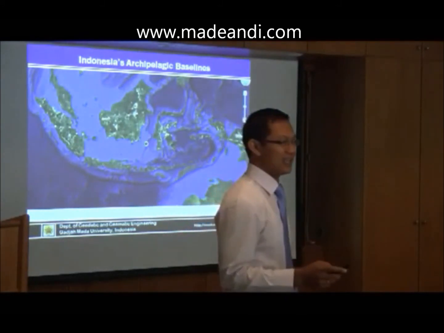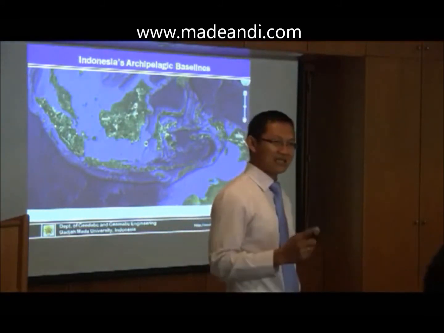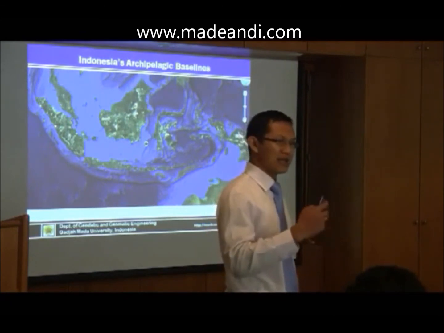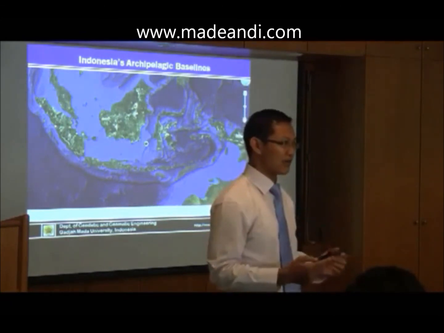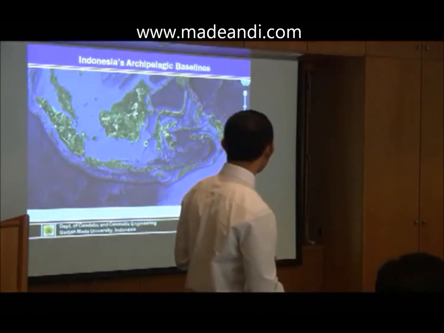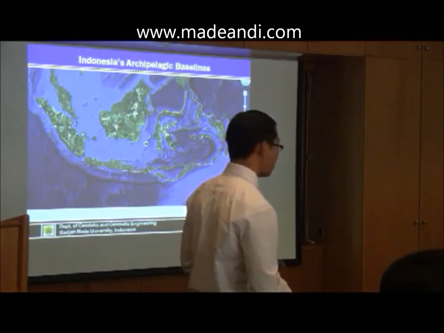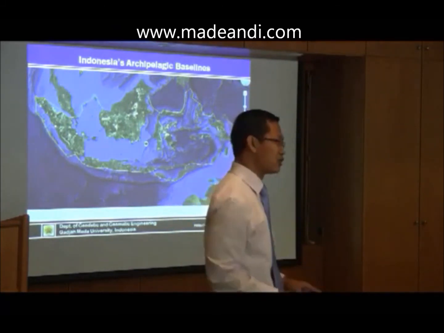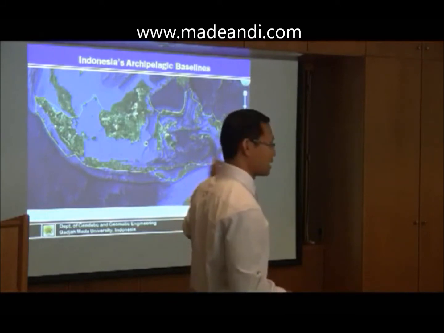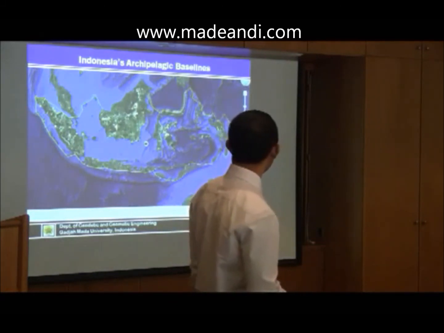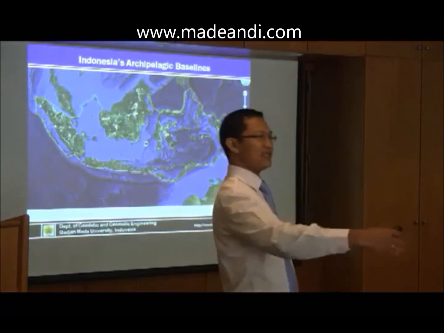So how about Indonesia? Indonesia is an archipelagic state, so it does not claim a territorial sea or maritime area from each island, but from a line we call the archipelagic baseline. So instead of claiming from each island, Indonesia encloses itself in a system called the archipelagic baseline, and from that baseline, Indonesia can claim territorial sea, EEZ, and so on.